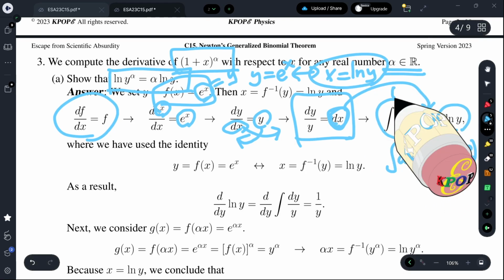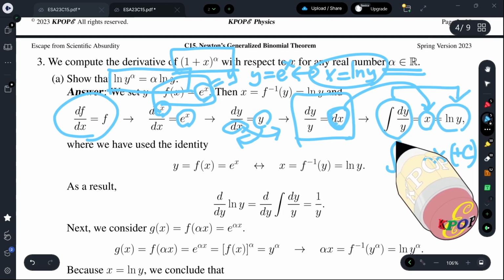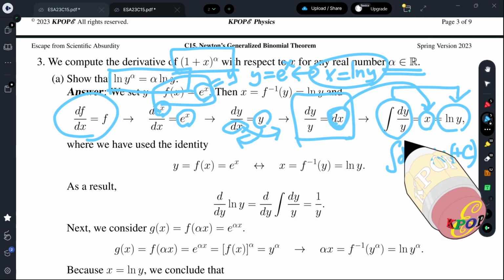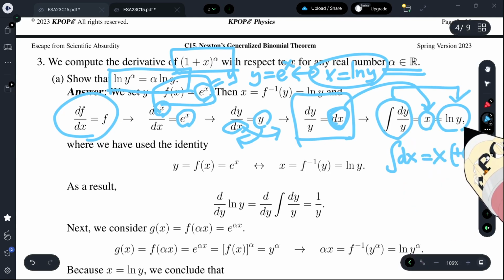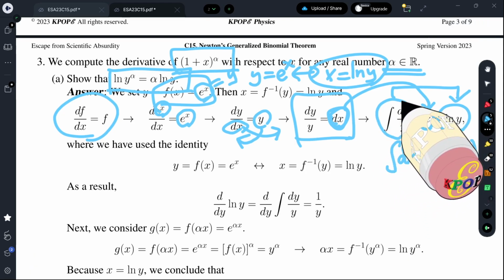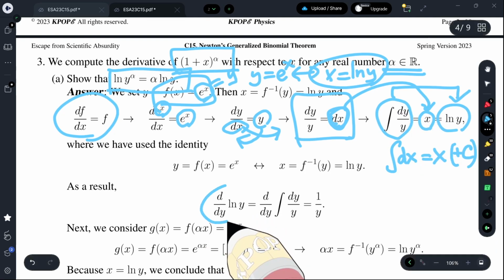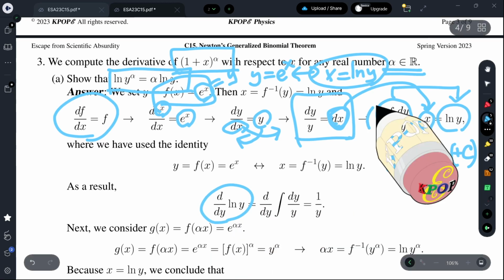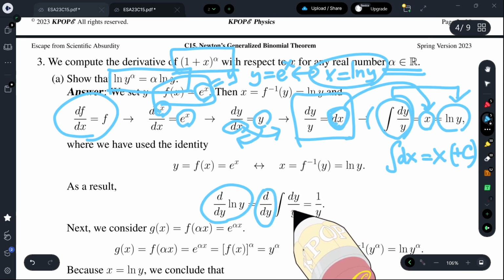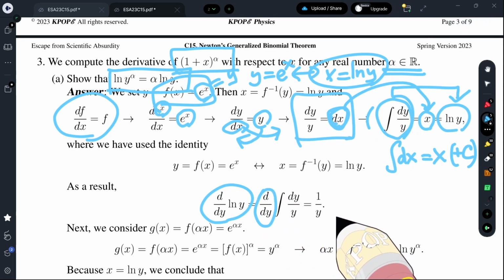So we have finally obtained the indefinite integral of 1 over y. That is log y. All right. I take the derivative with respect to y on both sides, then I can say the derivative of log y is the derivative of this integral. The derivative of an integral is just the integrand, everybody knows.